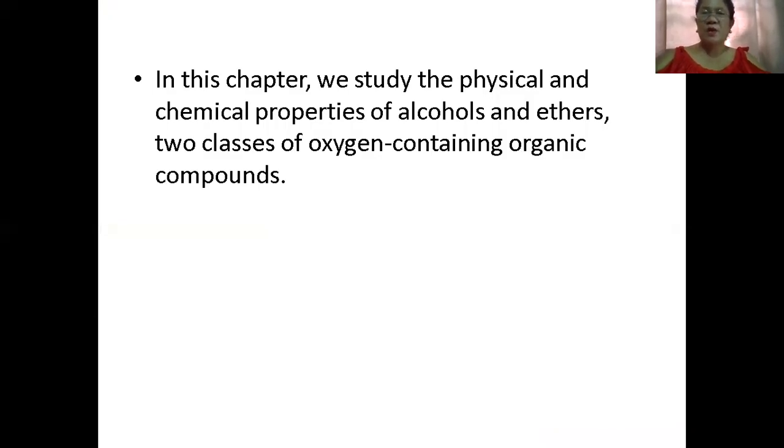In this chapter, we are going to study, of course, the physical and chemical properties of alcohols and ethers. These two are oxygen-containing organic compounds. Alcohol has a functional group of ROH, while ether has a functional group of R', then O, then R''.